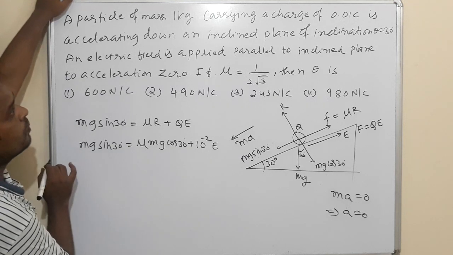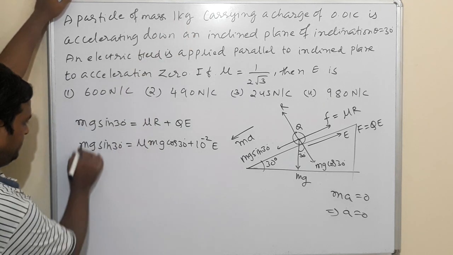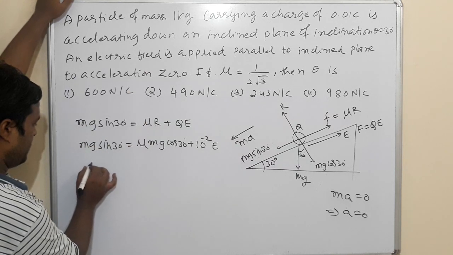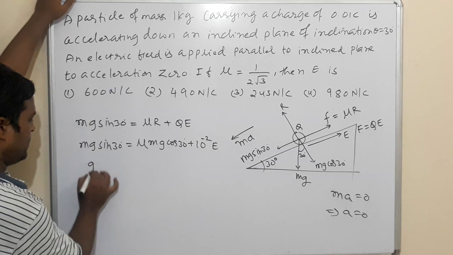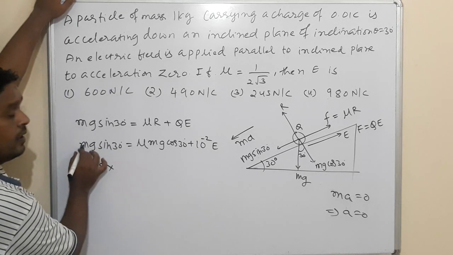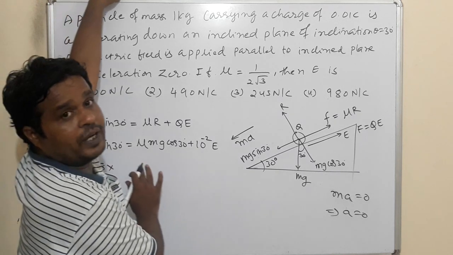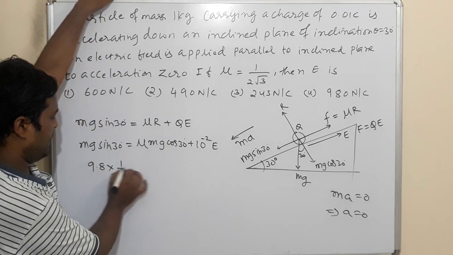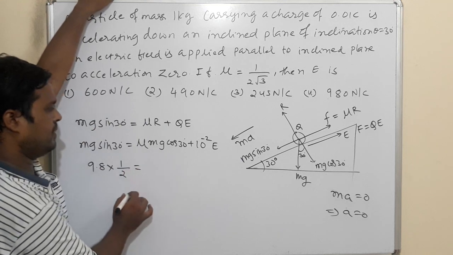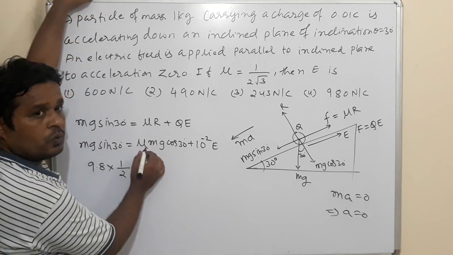Then this will be, what? Mass is given as 1 kg. One way to remove this. This will be just g. G is 9.8 into mass. I am not taking mass here. Why? Because mass is given as 1 kg. 1 into 9.8 into half, sin 30. What is mu?